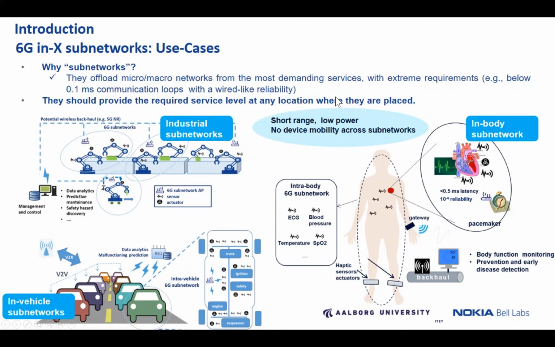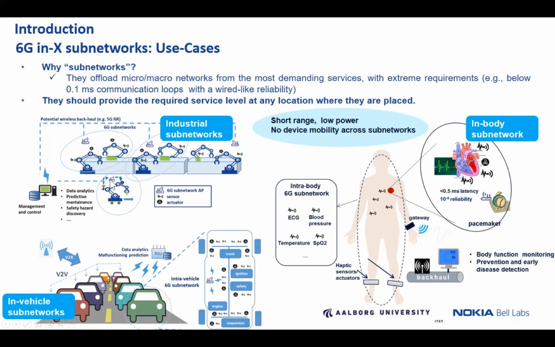We foresee this type of subnetworks providing the opportunity to start to think of trying to remove the last cables in industrial control. For example, cabling that controls the arms of a robot, with wireless networks.